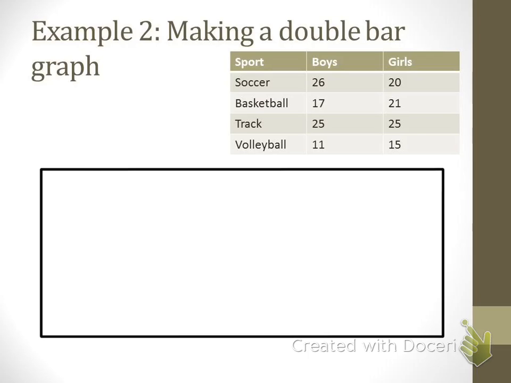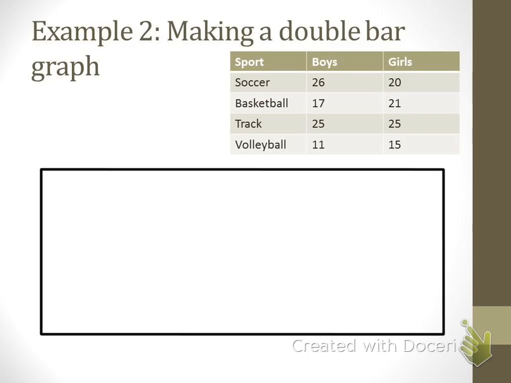Okay, so again, I'm going to leave myself a little bit of room. We are going to draw our box. The first thing we need to figure out is the scale. My horizontal column is going to be my students over here. The lowest number is 11 and the highest number is 26, so I need to go a little bit above that.